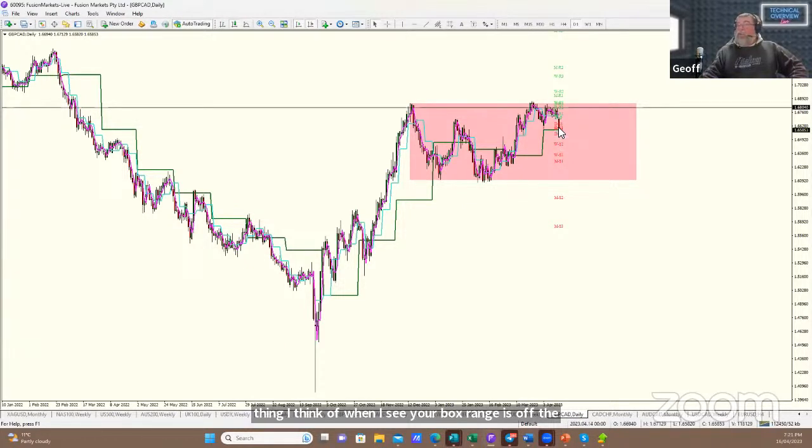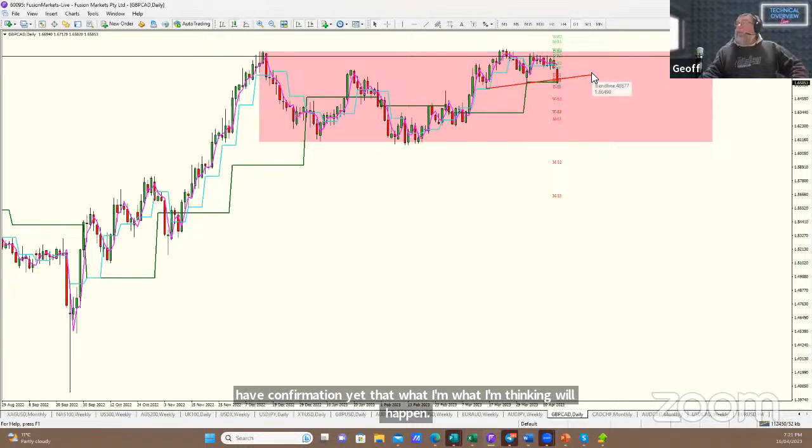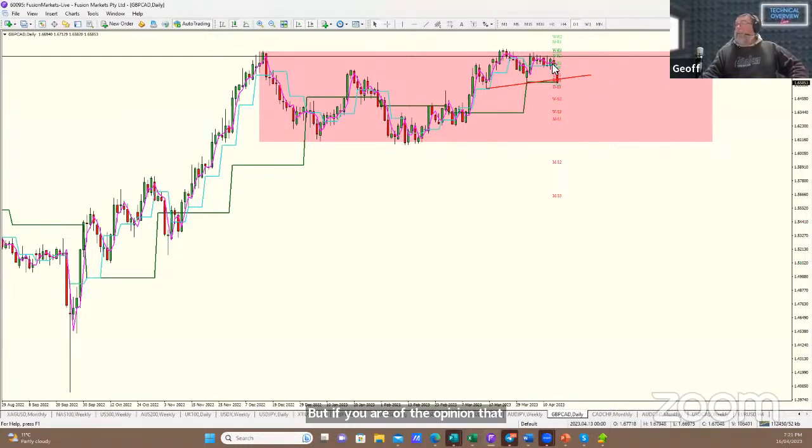What I do need to see, however, and I don't want to trade this candle because I'm not that brave, because I don't have confirmation yet that what I'm thinking will happen. But if you're of the opinion that that candle there is strong enough, and it's strong to drive price down here without a pullback, then okay.